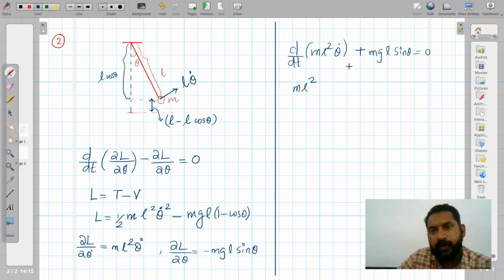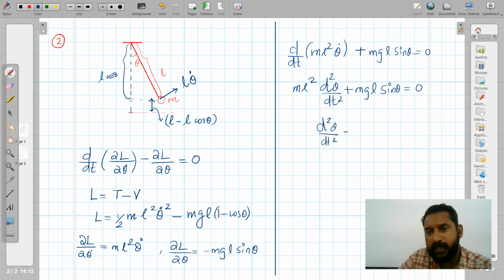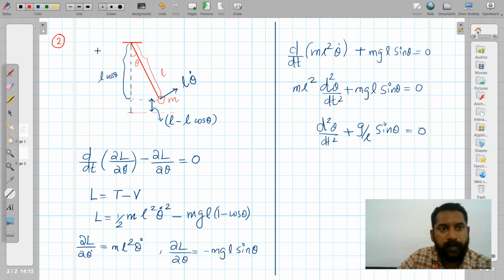Theta dot is d theta by dt, and one more d by dt gives me m L square d square theta by dt square plus mgl sin theta equal to 0. Dividing throughout by m L square, the final answer is d square theta by dt square plus g by L sin theta equal to 0. Again, the same expression that we obtained using the Newtonian approach.